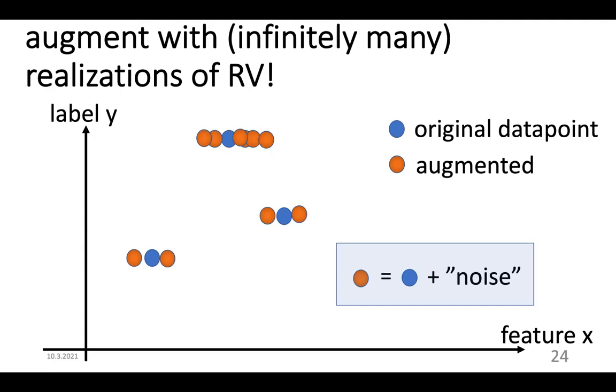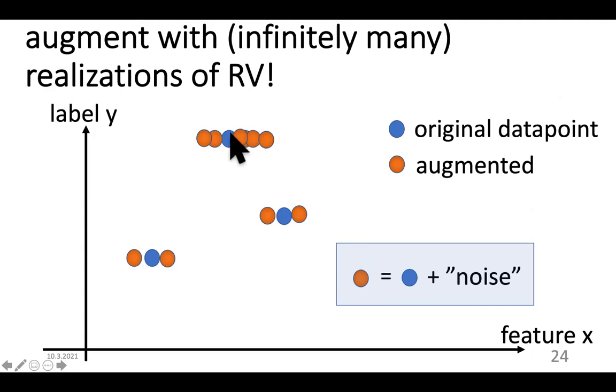Now, instead, we replace each original data point by an infinite number of realizations of a random variable. So we replace each data point by a random variable, and we assume we can draw as many realizations as we want from it.